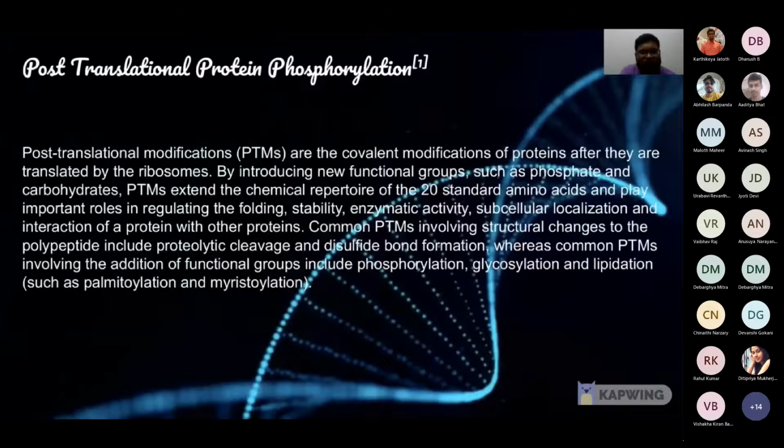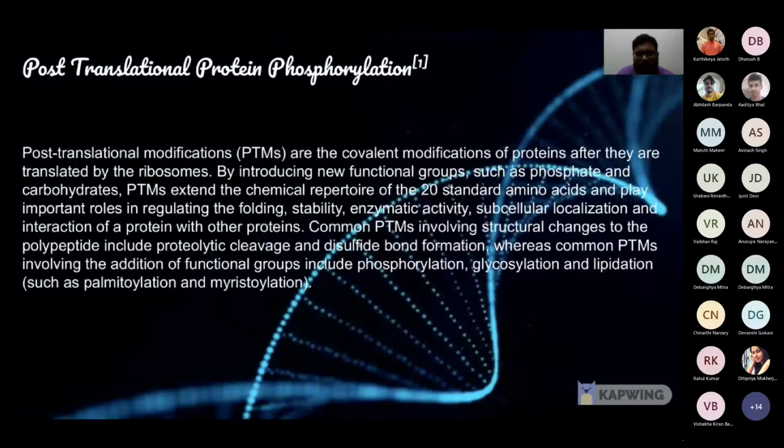Post-translational protein phosphorylation. Post-translational modifications, PTMs, are the covalent modifications of proteins after they are translated by the ribosomes. By introducing new functional groups such as phosphate and carbohydrates, PTMs extend the chemical repertoire of the 20 standard amino acids and play important roles in regulating the folding, stability, enzymatic activity, subcellular localization, and interaction of a protein with other proteins.